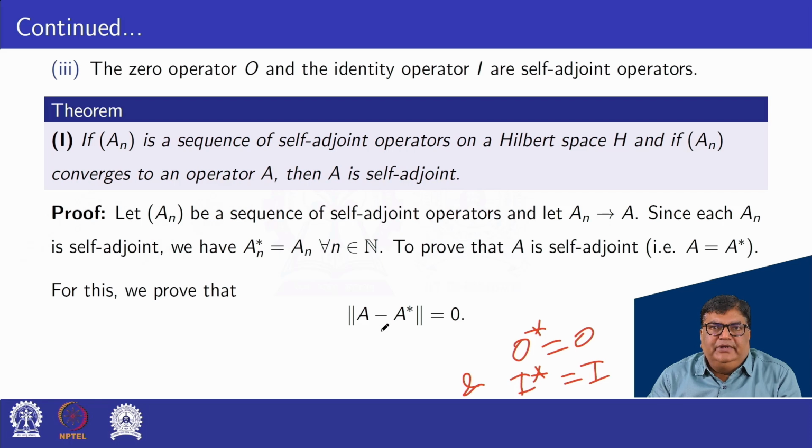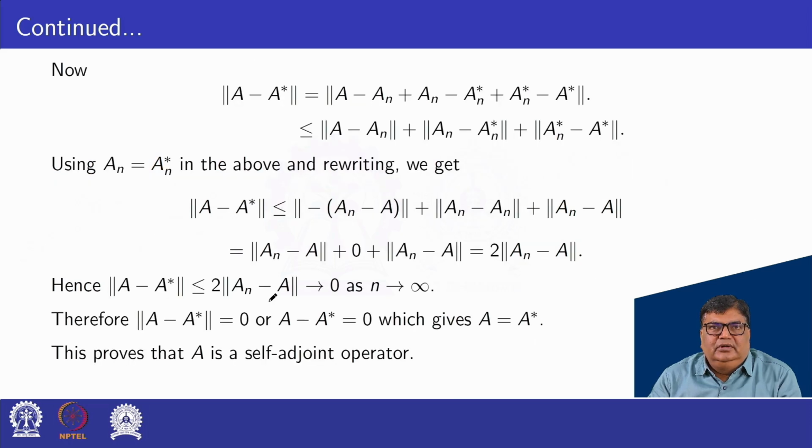for this we prove that norm of A minus A star is equal to 0. We know that norm x is equal to 0 if and only if x is equal to 0. So here if we prove norm of A minus A star is equal to 0, that is A is equal to A star. Let us prove it.